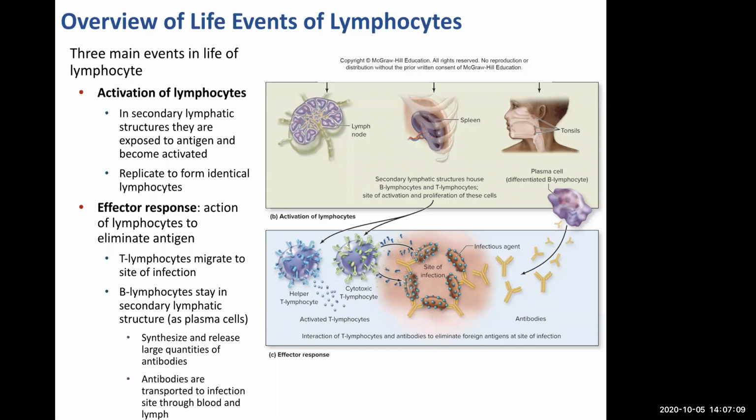What those plasma cells do is churn out a bunch of antibodies that are designed to recognize the antigen that activated that B cell. Okay. And those antibodies are soluble. So the B cells themselves, as they become activated, hang out in the lymph node or the lymphatic structure in which they were activated.